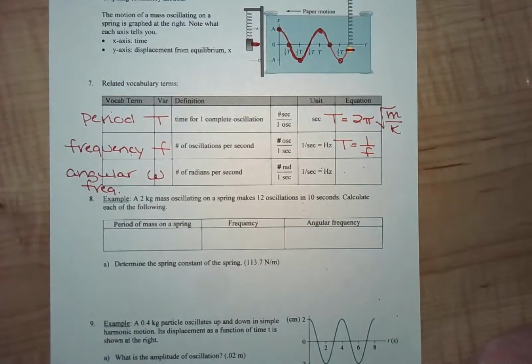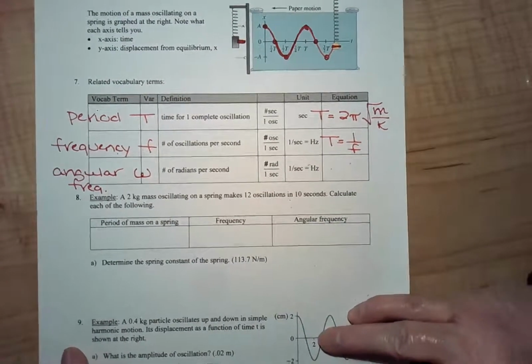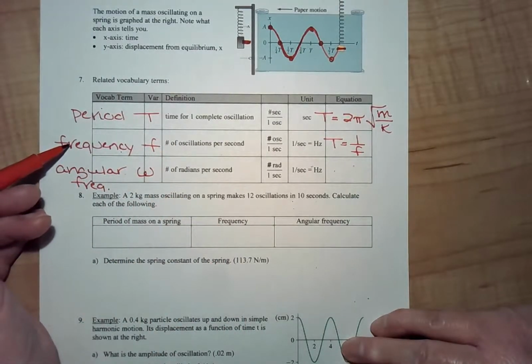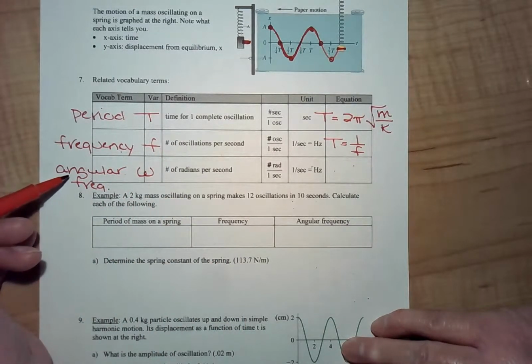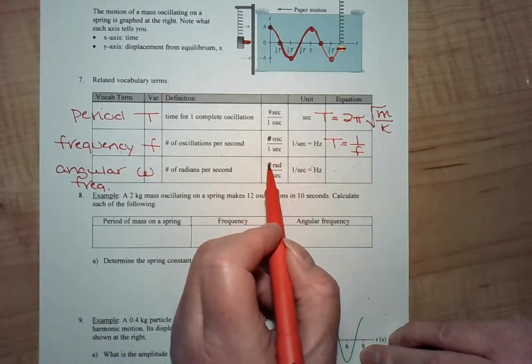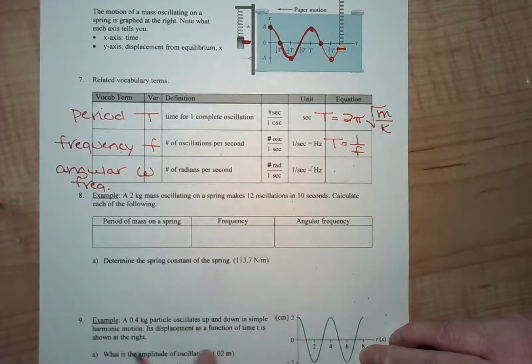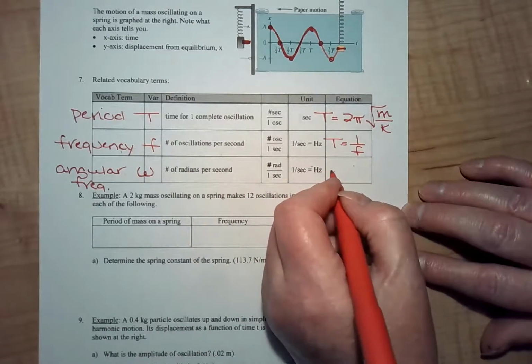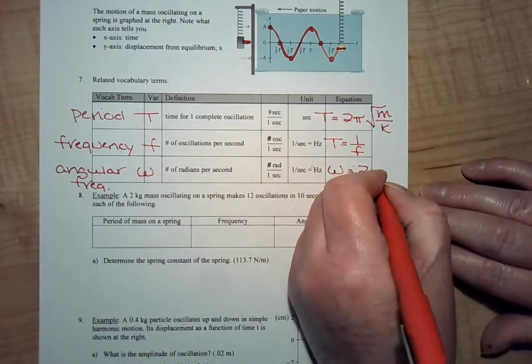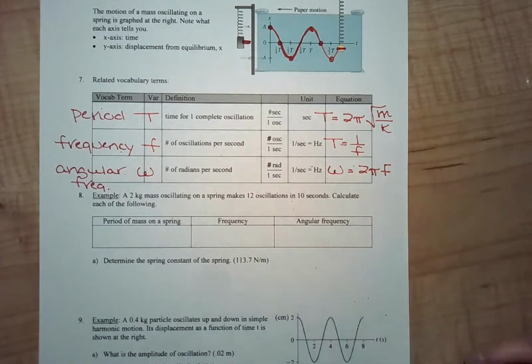It's the exact same variable that we used for angular velocity, but it doesn't have anything to do with angular velocity. So it's omega, or we sometimes call it w. And it's basically frequency converted into radians. So instead of the number of oscillations per second, it's the number of radians that pass per second. And so to convert frequency into radians, you end up having to multiply it by 2 pi.